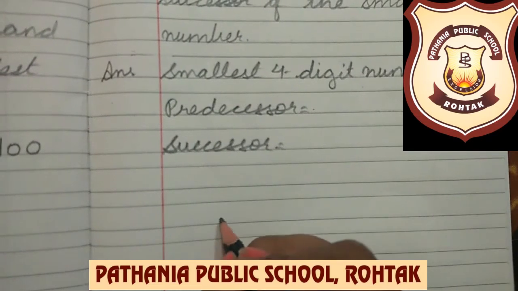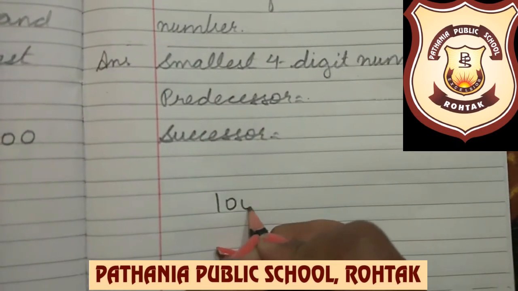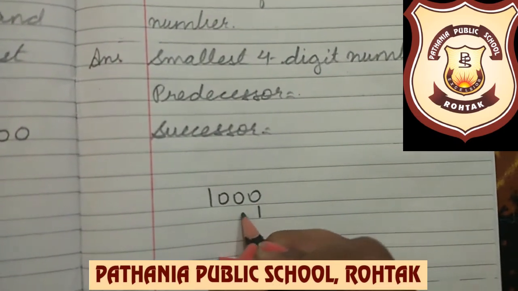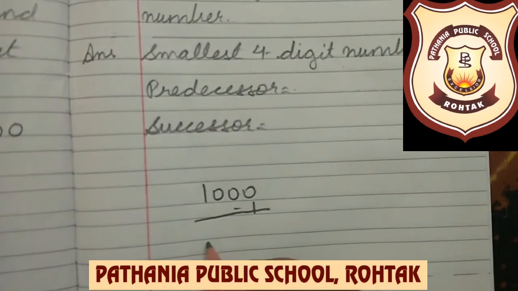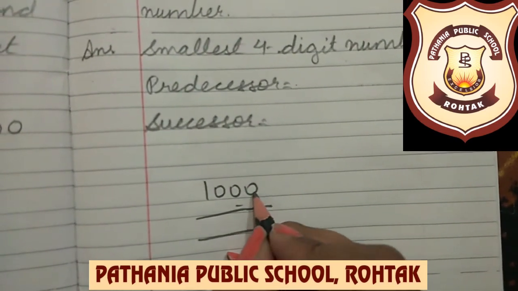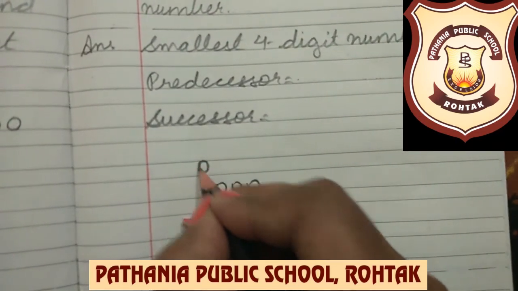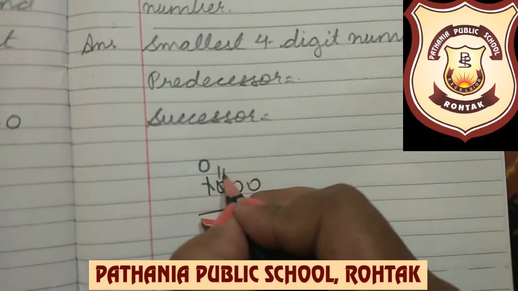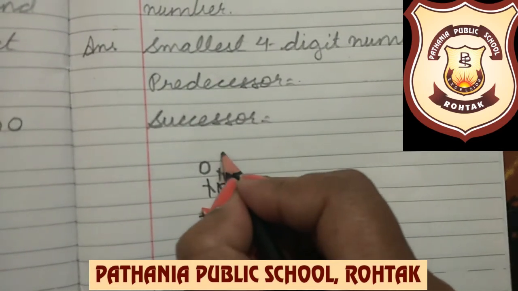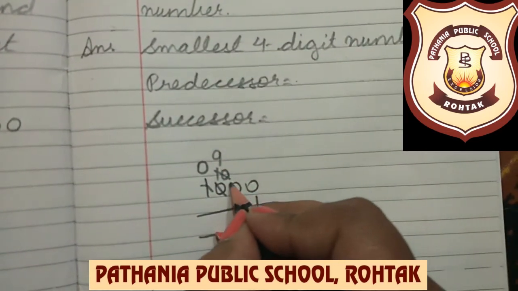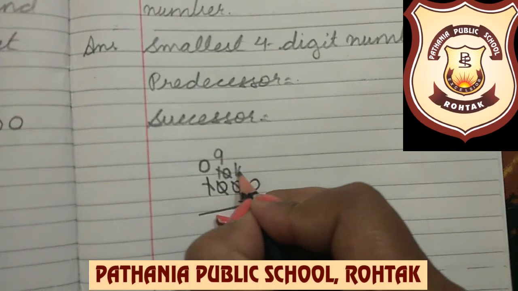Now, how will we find its predecessor? Yes, we will subtract 1 from it. And now again, 1 cannot be subtracted from 0. So, we will take borrow. This 1 will become 0. This 0 will become 10. Now, it will give borrow. So, it will become 9 and this 0 will become 10.